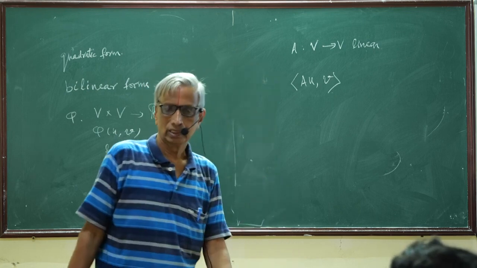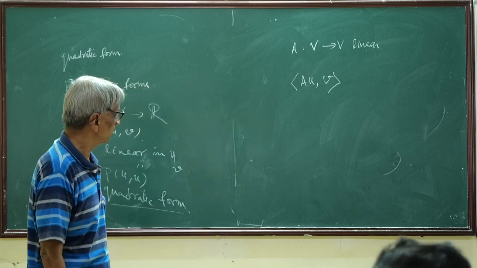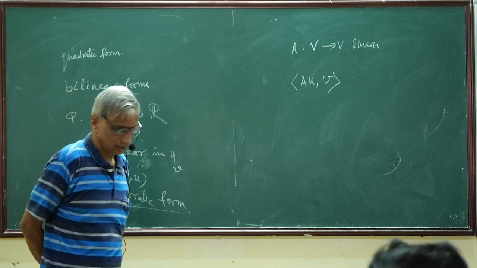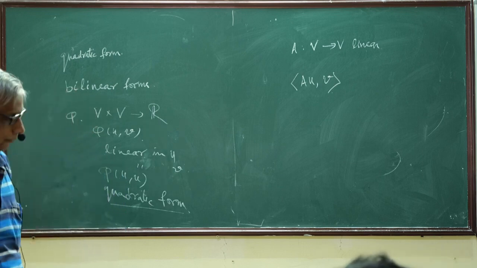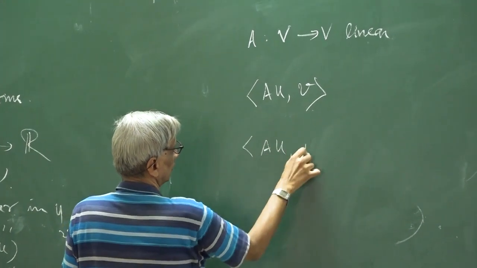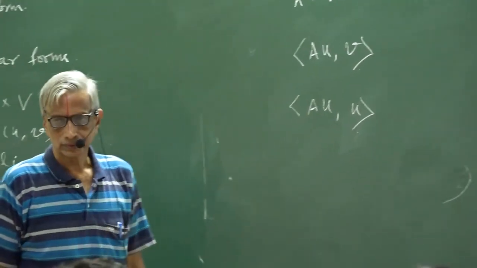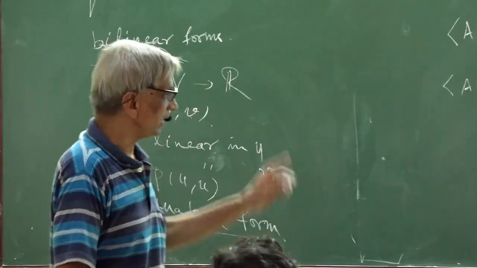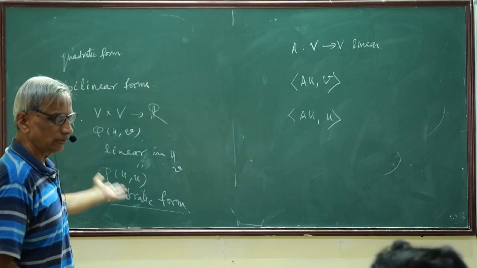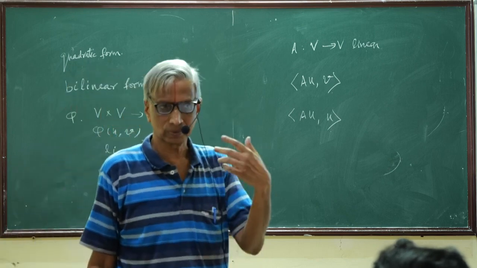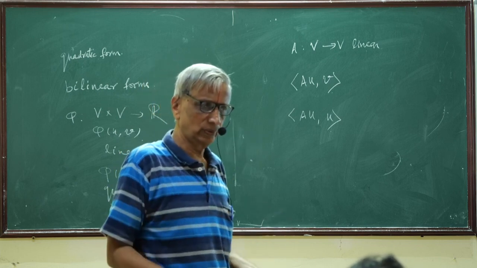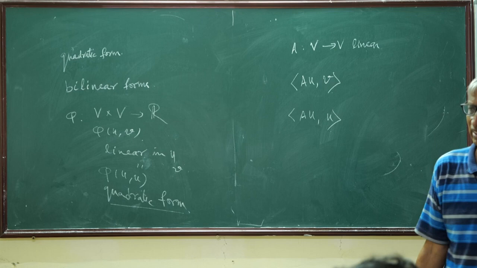The usual Euclidean inner product, AU dot V. So this is an example of a bilinear form, and the corresponding quadratic form is like this. Of course, when A is the identity map, you get the earlier one. It doesn't matter. Of course, the inner product is a special kind of bilinear form, right? It is symmetric and positive definite and so on. In general, bilinear is just bilinear. It doesn't have to be positive or definite or anything.